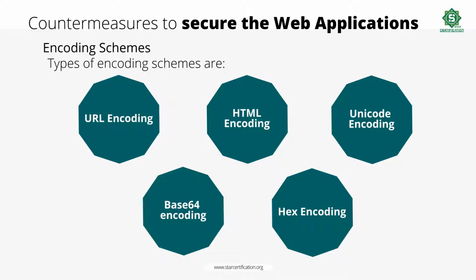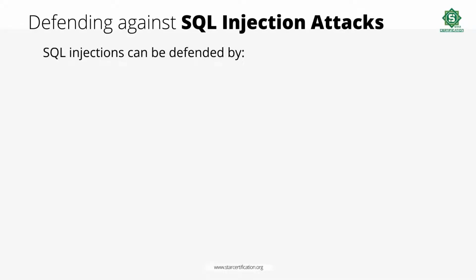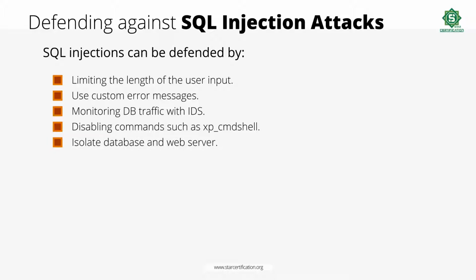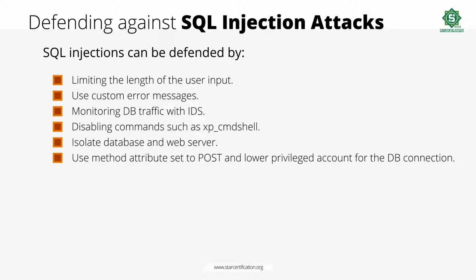Next, let us learn how to defend against various web application attacks. SQL injections can be defended by limiting the length of the user input. Use custom error messages, monitor DB traffic with IDS, WAF, disable commands such as xp_cmdshell, isolate the database and web server, use the method attribute set to post, and a lower privileged account for the DB connection.